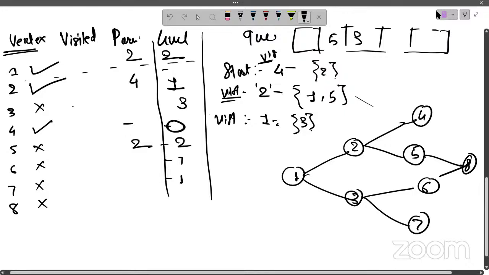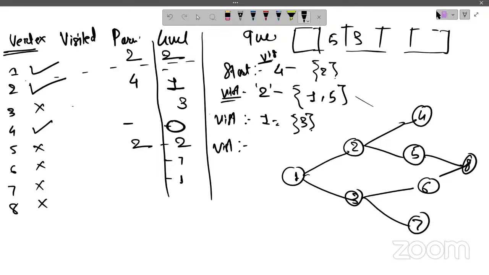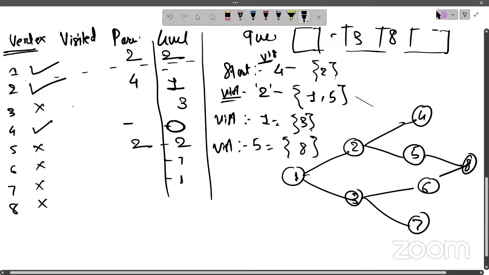Now the next thing I have to visit is 5. I'll take the neighbors again, of which 2 is already visited, so I'll take 8. So 8 is there. 5 is gone. I'll update the parent of 8 to be 5 because 8 is coming from 5.